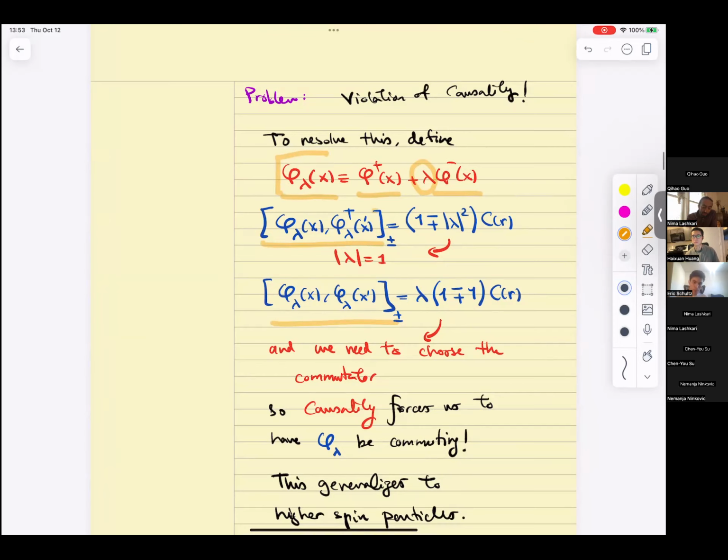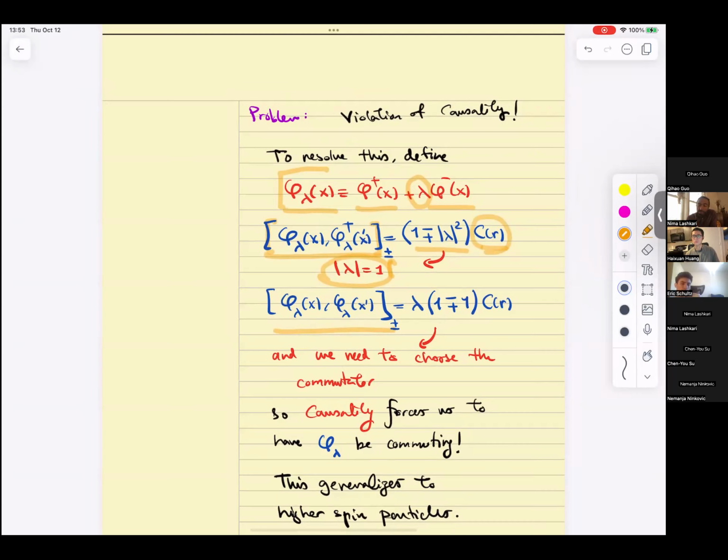In the first equation, I just learned that I get 1 minus lambda squared times C of R. I don't care about the anti-commutator here. I want the commutator to vanish when they're space-like separated. Therefore, the norm of lambda has to be equal to 1. Is that step clear? I'm calculating the commutator of phi lambda and phi lambda dagger. These are my fundamental fields. When x and x prime are space-like separated, the commutator should vanish.